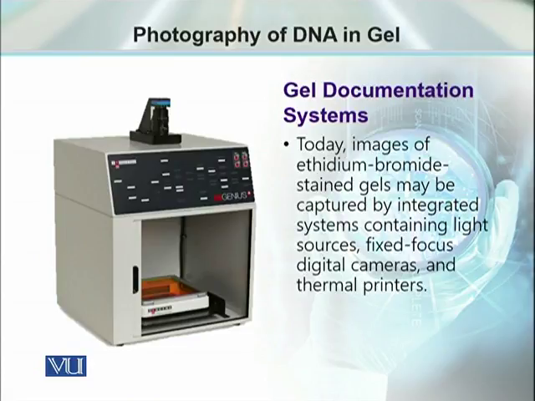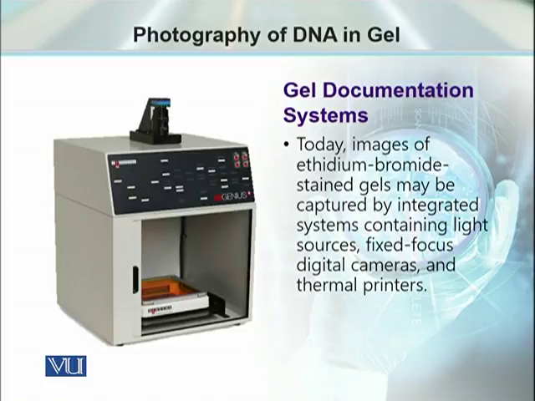These were the conventional methods which were used for photography or for detection of the DNA bands in the gel. Nowadays, very sophisticated equipments are in laboratory, which are referred to as gel documentation systems.